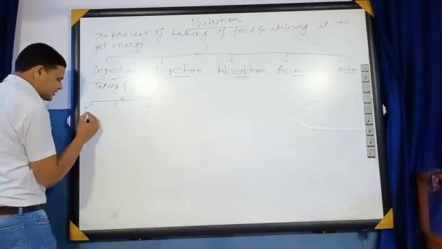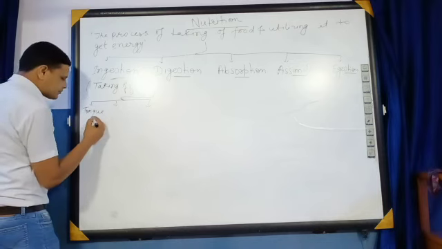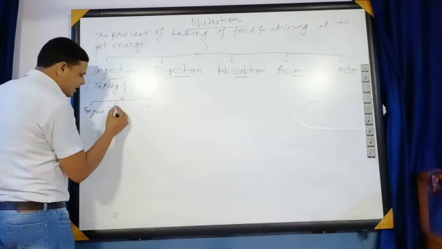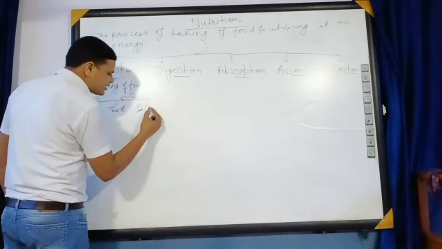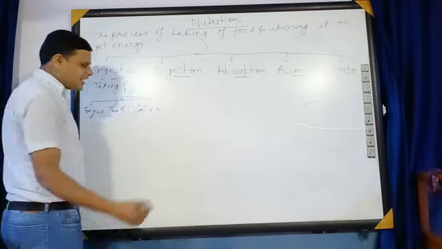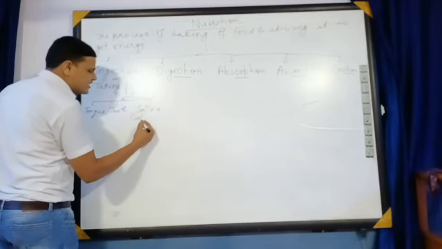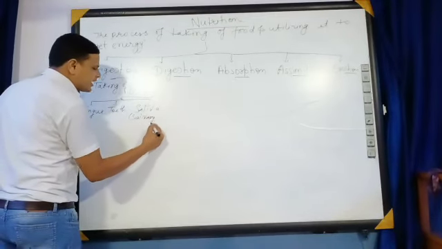First is tongue, second are teeth, and third that is saliva. That saliva we used to get from salivary glands.